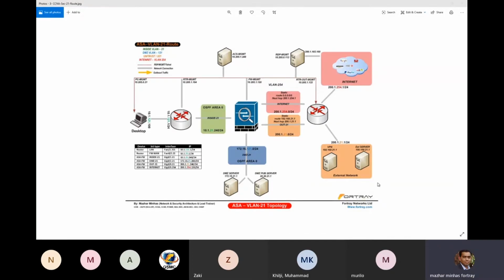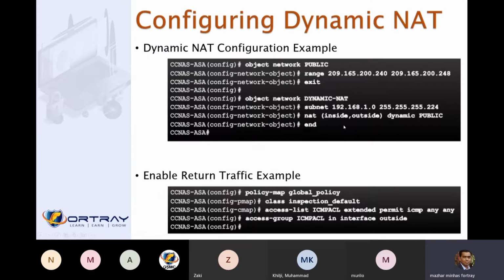So how can we apply this? As we said before, we use objects, and these objects can be used not only in the access list but also in the NAT configuration. If you look at this, we can create a range as well, or the object is already created.